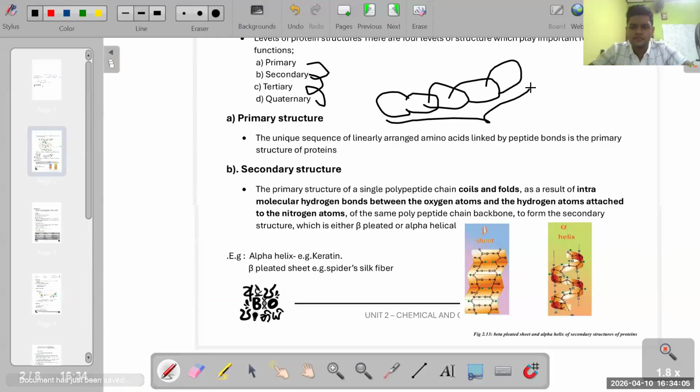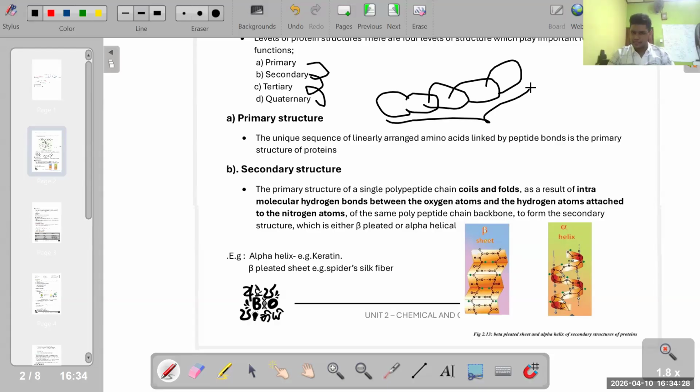The amino acid sequence, as soon as it is formed, is called the primary structure of protein. Can you understand?